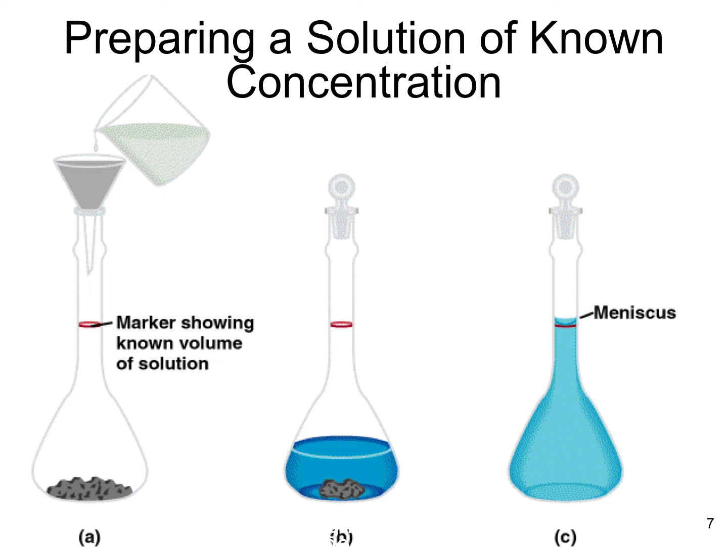About half of the desired solvent is added to dissolve the solute. The solution is then mixed until the solute is completely dissolved. Once dissolved, more solvent is added until the bottom of the meniscus reaches the calibration line for the glassware.